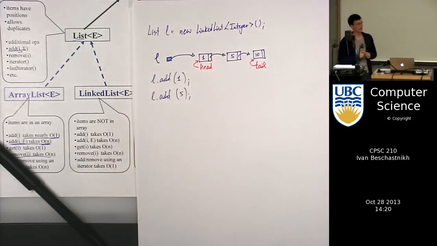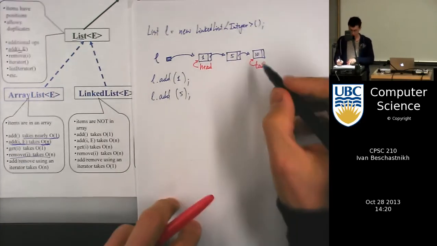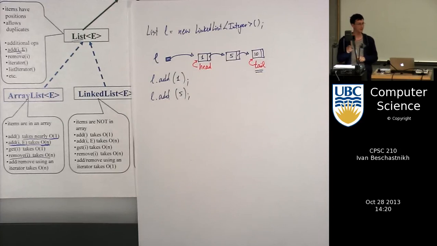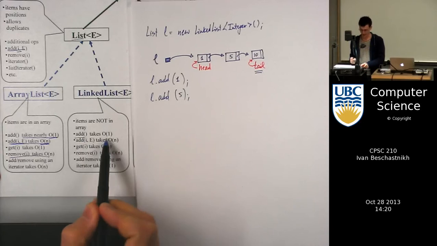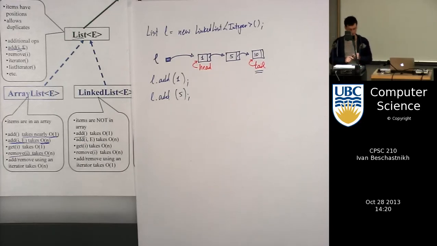So if I want to add at the end of the list, I'm just going to jump to the tail, create a new node, change my tail to point to the new node, and make the link between the two. So in terms of adding, it takes O(1). It's very efficient.